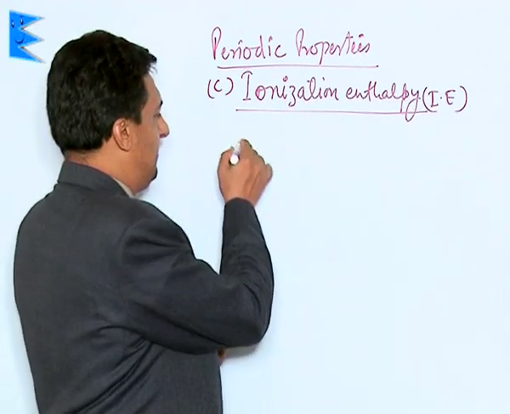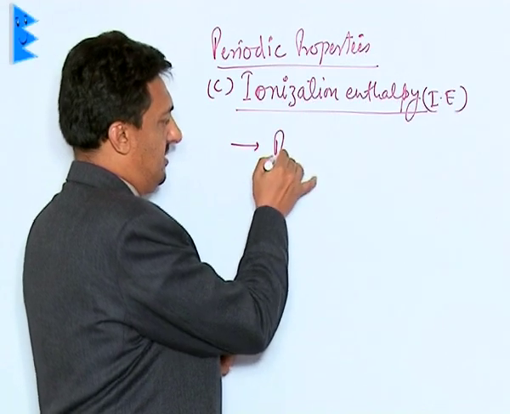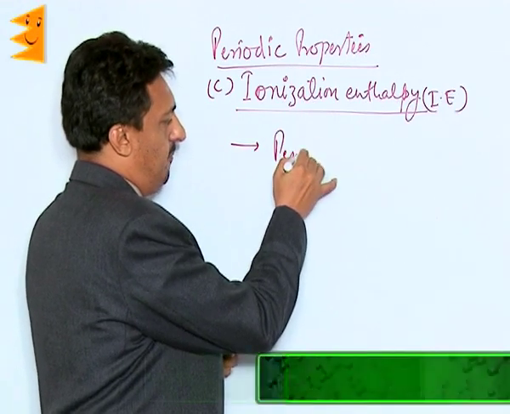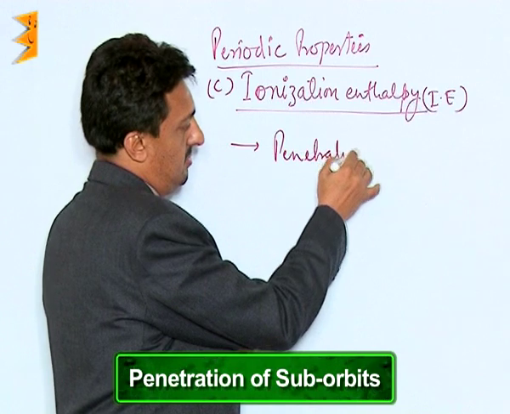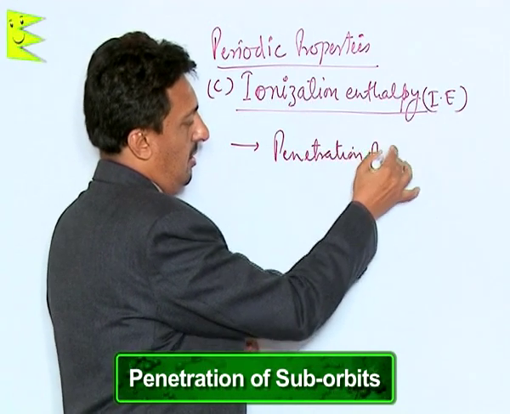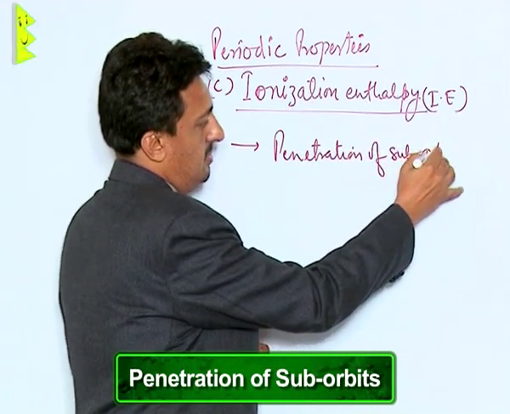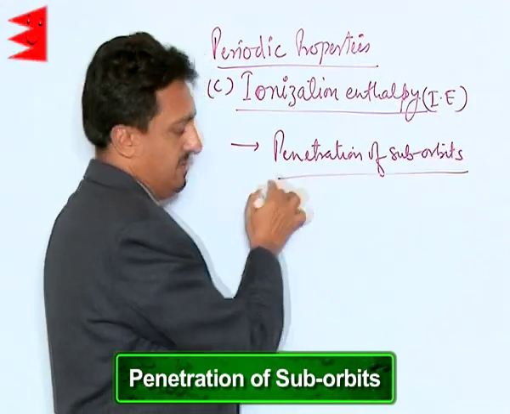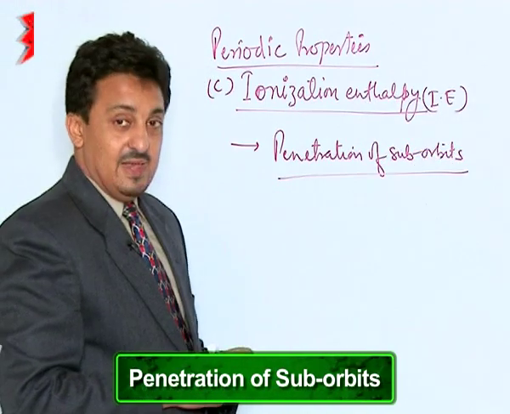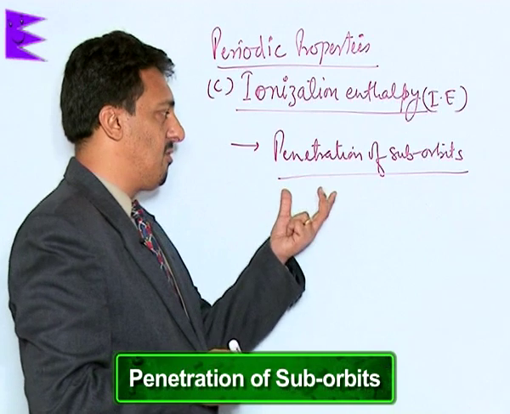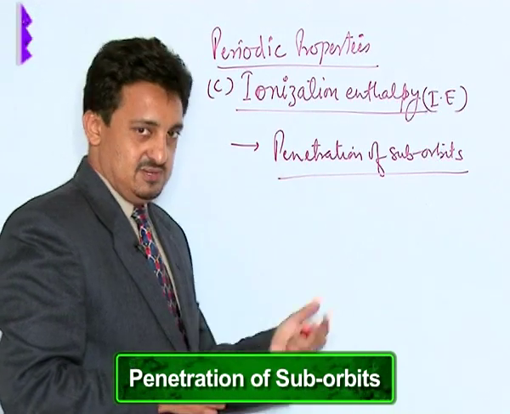Now the first thing we need to know is called penetration of suborbits, or it's also called the penetration effect.